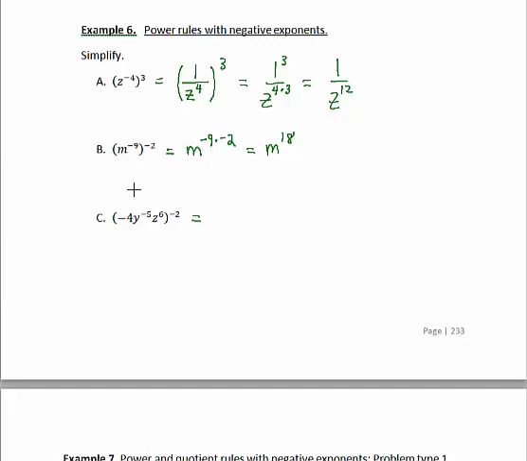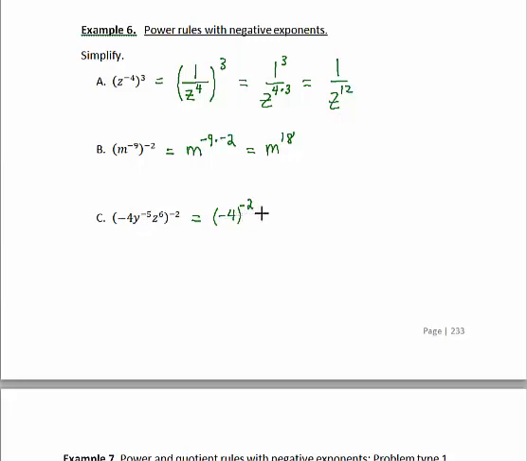C, we have several things inside the parentheses. Okay. I typically apply the power rule first. So I'll take the -4 and apply the -2 to that as an exponent.